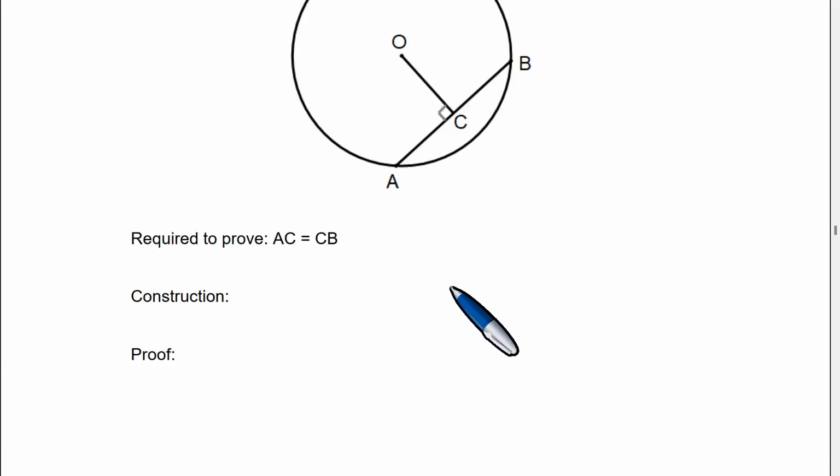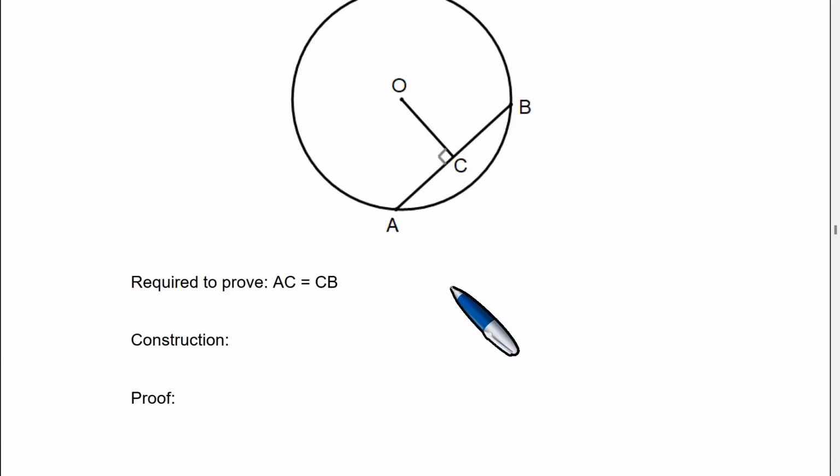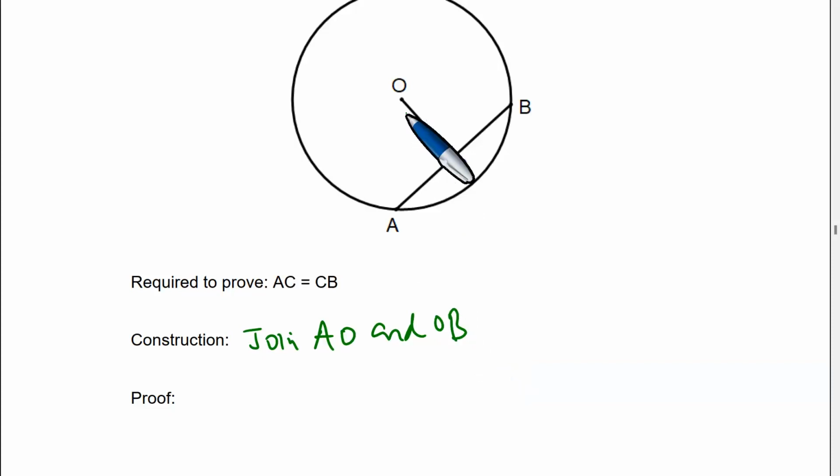So we have this. Now at this point you can join AO and OB. So join AO and BO.